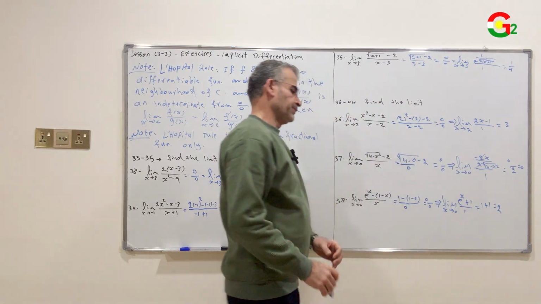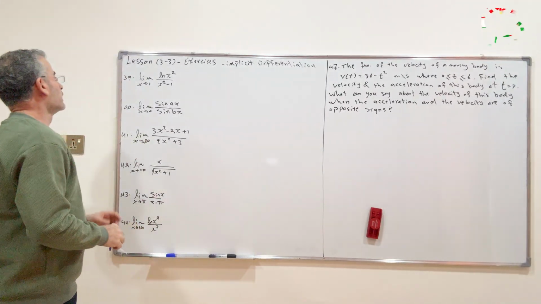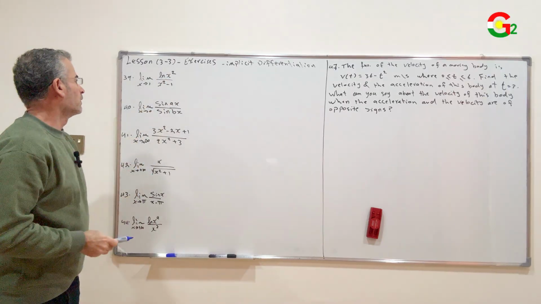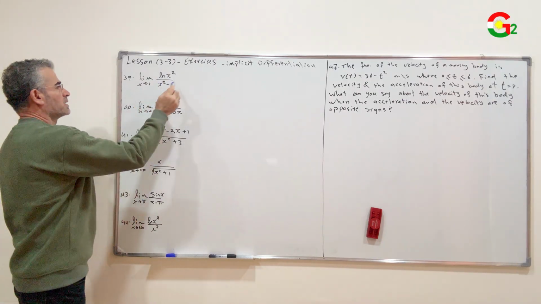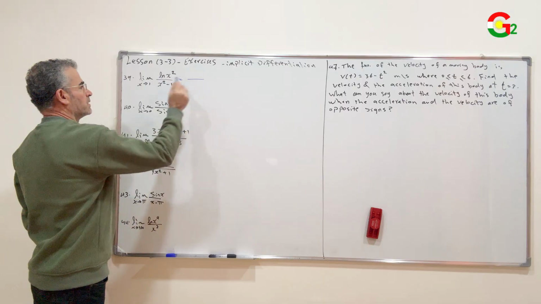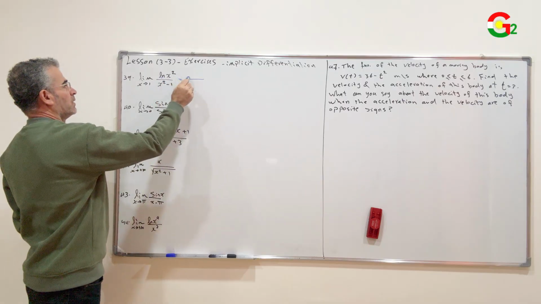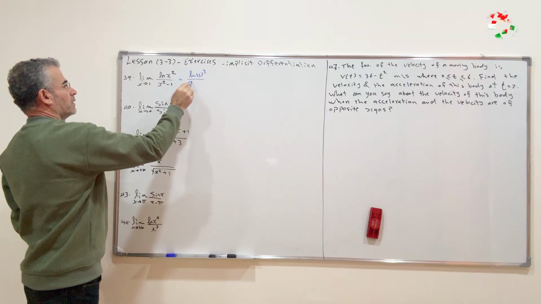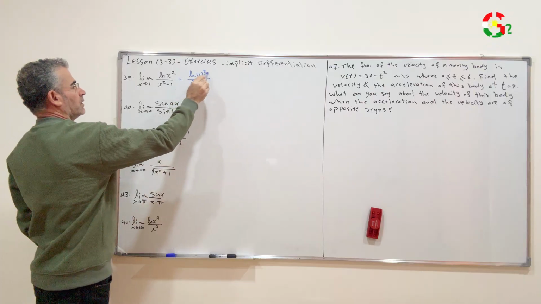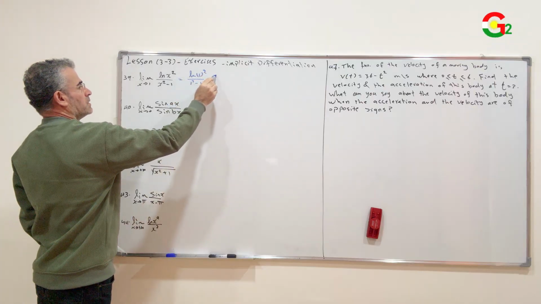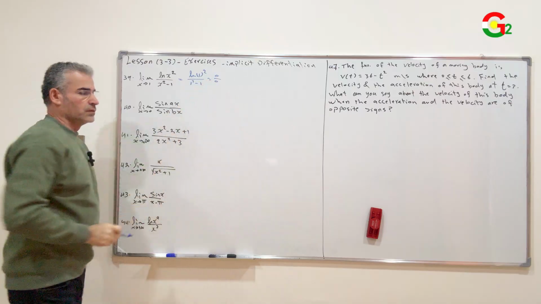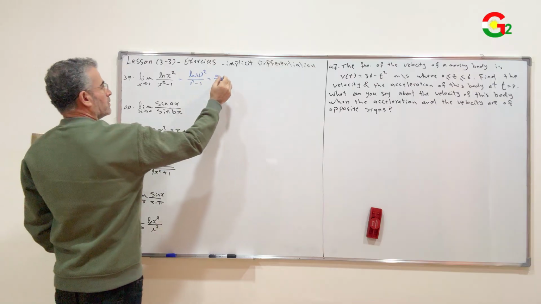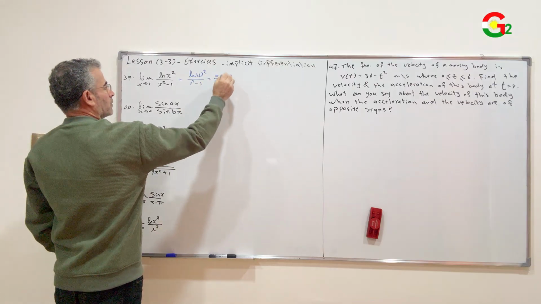2. Question number 39. Limit of ln x power 2 over x power 2 minus 1, x approaches 1. Substitute every x with 1: ln 1 squared over 1 squared minus 1, ln 1 squared is 0, over 1 minus 1, 0. Then use the L'Hopital rule.